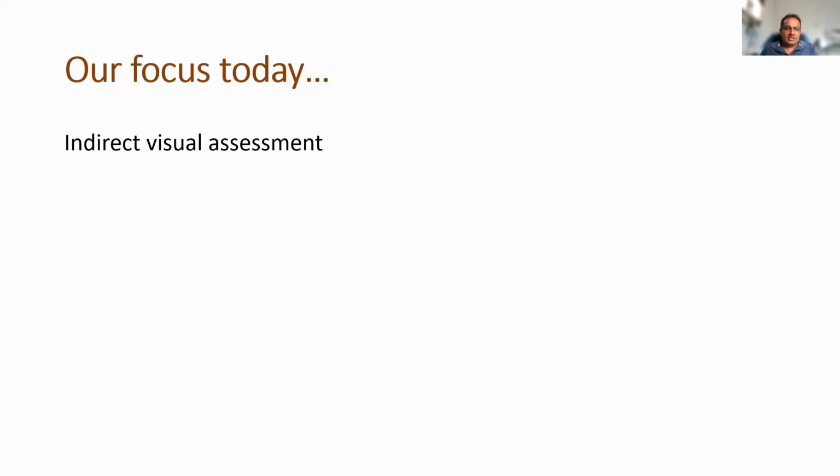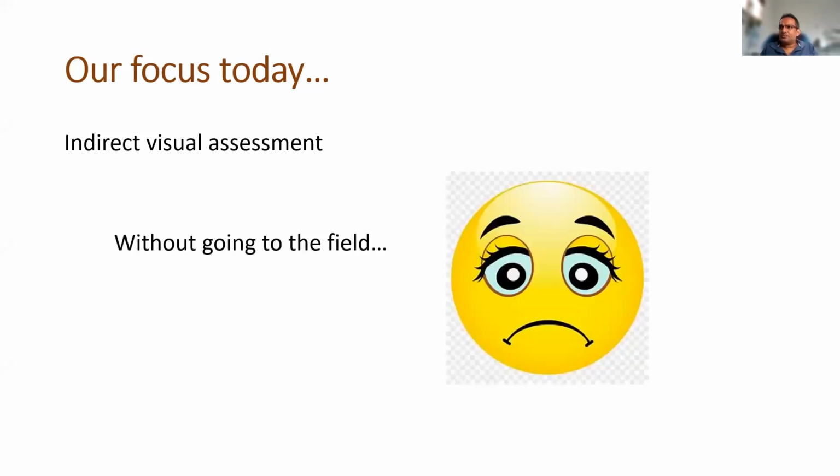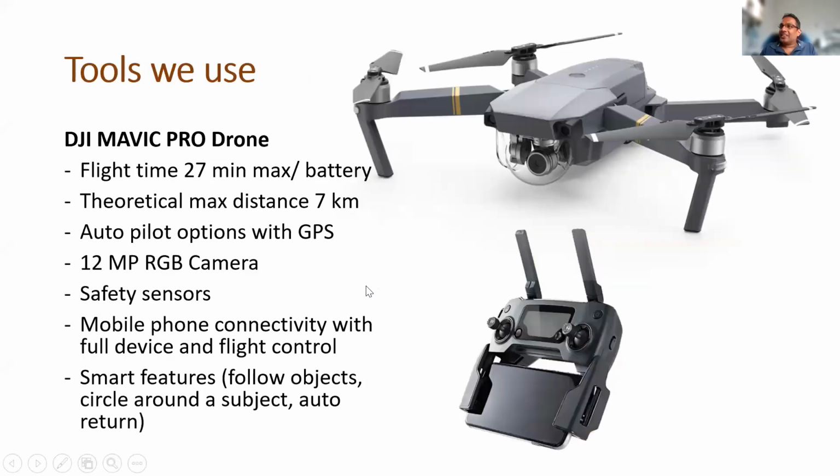So we are not going to the field, right? We cannot go to the field because through Zoom, I don't know if there was a way, teleporting or something, then we could have done that. So unfortunately, you have to stay behind a screen to study the field assessment of soils.